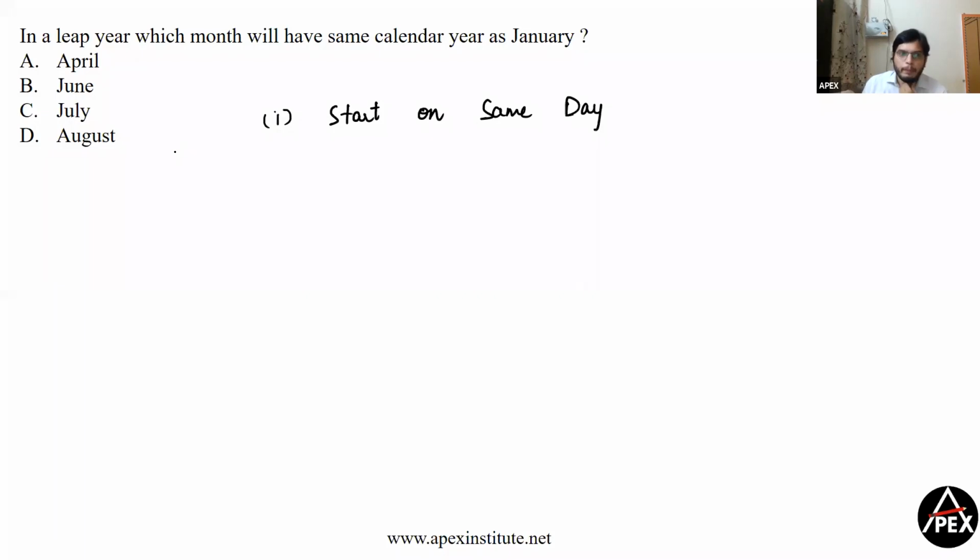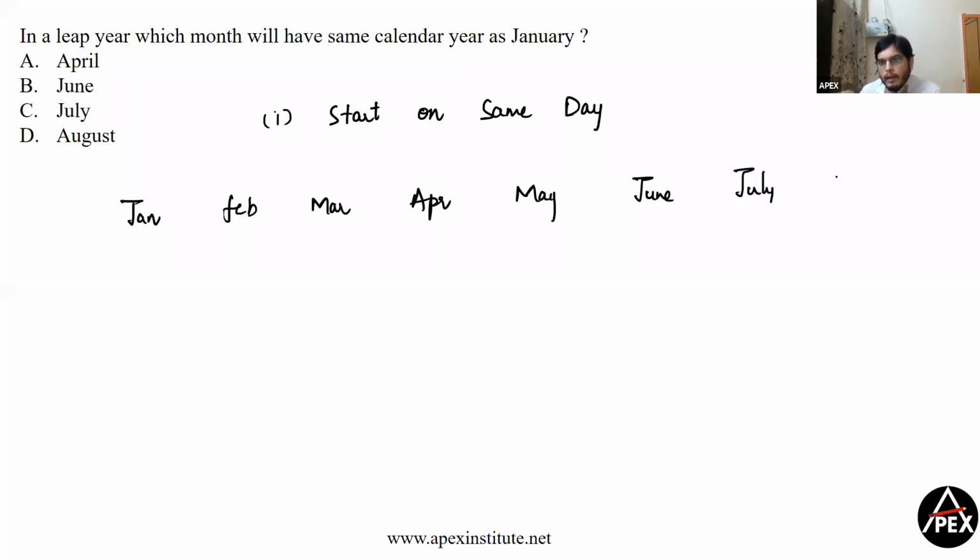Now, in a leap year, which month will have the same calendar as January? So I am writing Jan, Feb, March, April, May, June, July, and August. We are given till August. Now Jan will have 3 odd days.